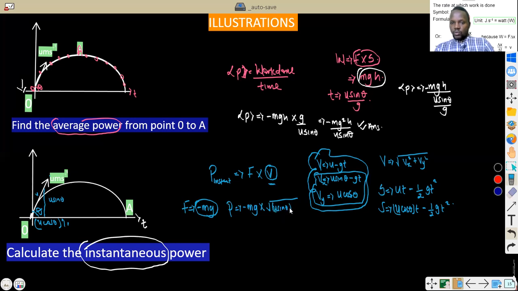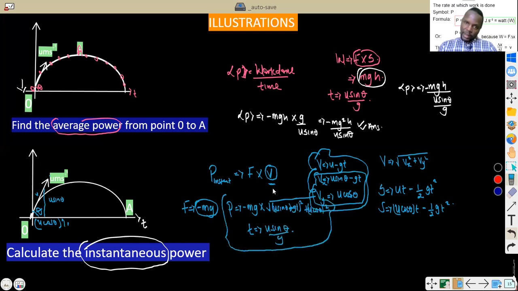There should be a minus here, all squared. And see, it looks clumsy, everything is inside the square root. Plus the x component, which is u cos theta all squared. So that is your answer. And you can also substitute t to be equal to u sin theta over g. You can see you have a lot of work to do. So you finish this expression for me, and you get the answer for instantaneous power.